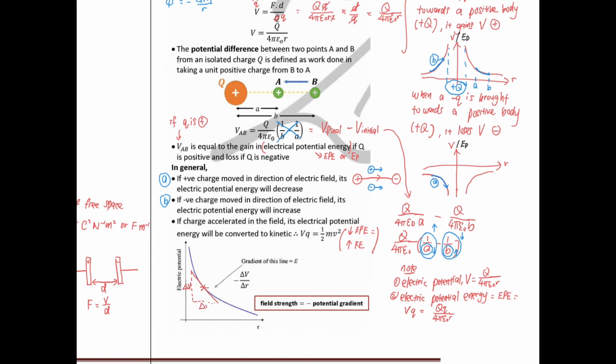Then that will be the gradient. Of course, you can use coordinates: you find this coordinate, then this coordinate, then use the gradient formula and you get the gradient. You end up with a negative value, because the line is going down. So the gradient is negative.